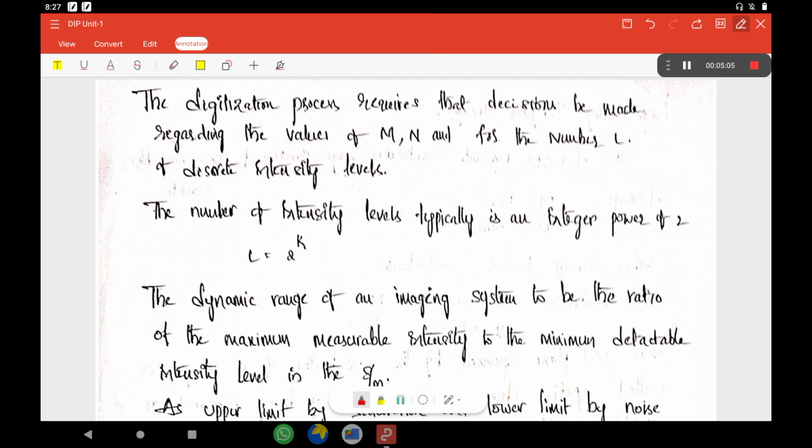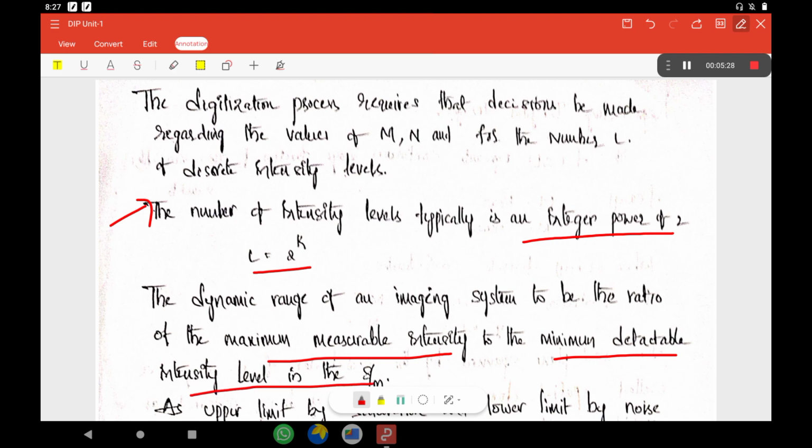For that purpose, the number of intensity levels is typically an integral power of 2, that is L is equal to 2 power k, where k represents the range of the values. The dynamic range of the imaging system is the ratio of maximum measurable intensity to minimum detectable intensity level in the system.